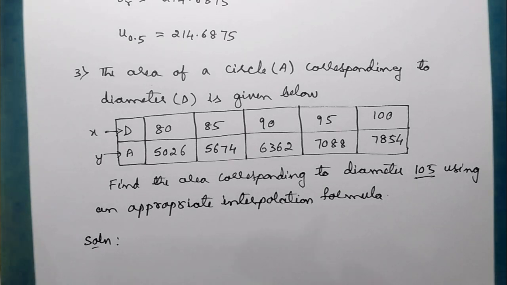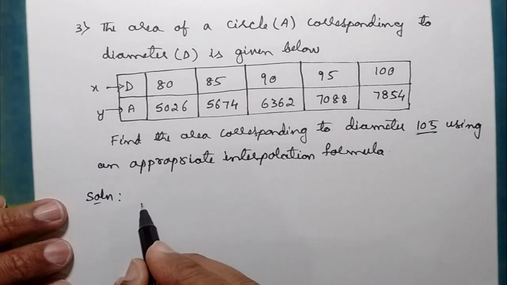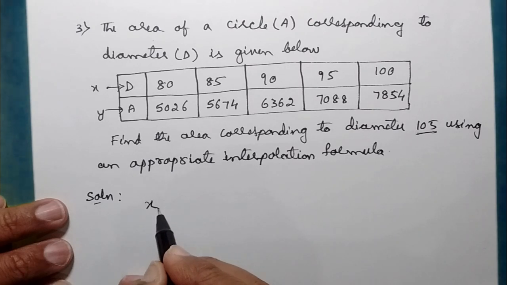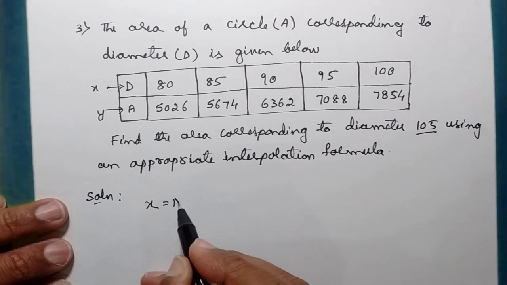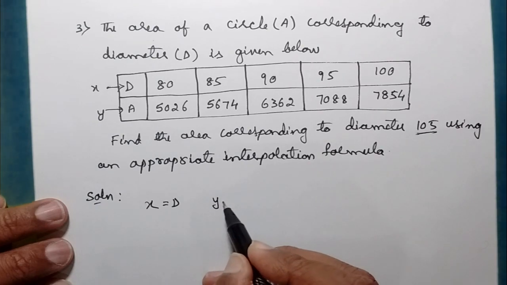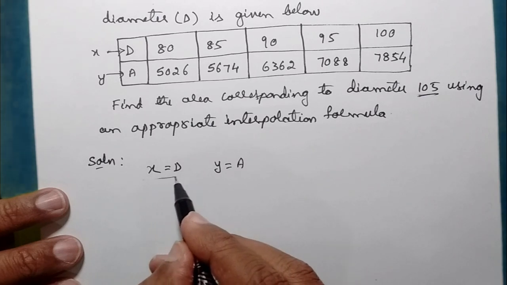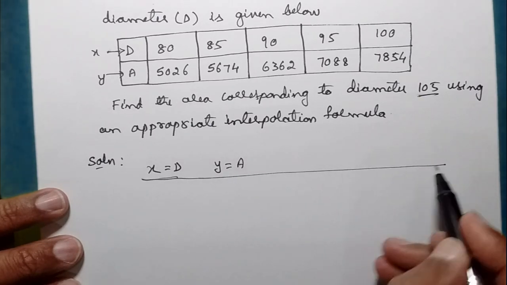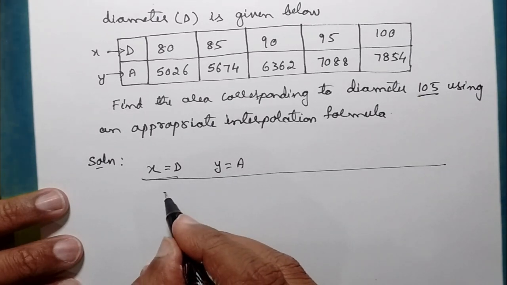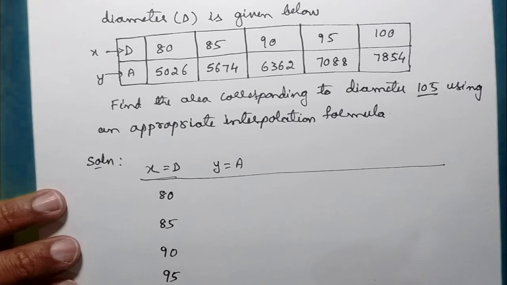So first we'll try to prepare the table. The x value corresponds to the value of d in the table, and the value of y corresponds to A. So you have 80, 85, 90, 95 and 100.